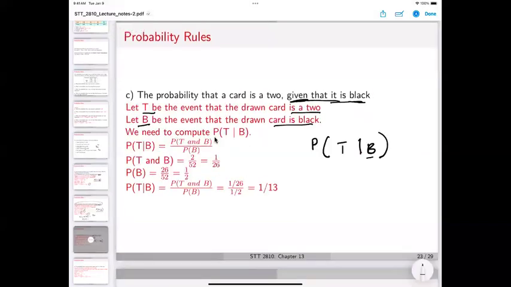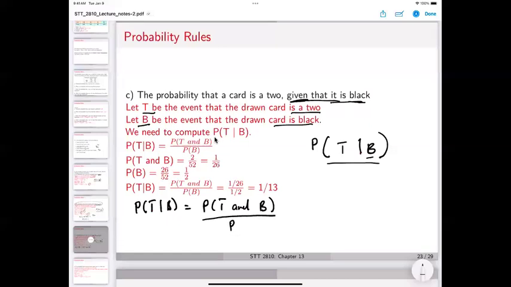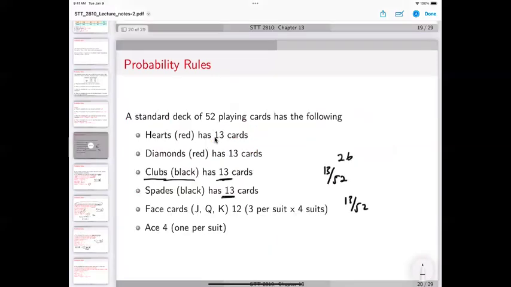So whenever you write this, the formula is probability of T given black is equal to probability of T, a 2, and black, divided by probability of what? Black. So when you come here, the probability that you draw a 2 and it is black. Now, you can draw a 2 in clubs and you can also draw a 2 in spades.